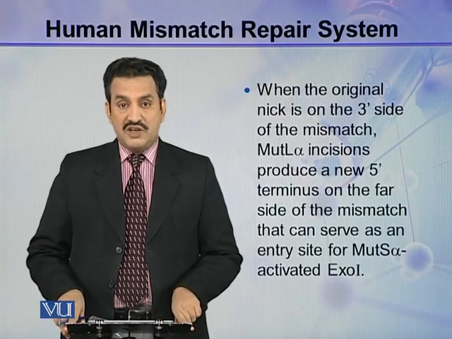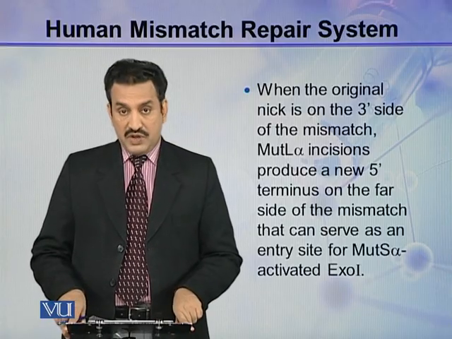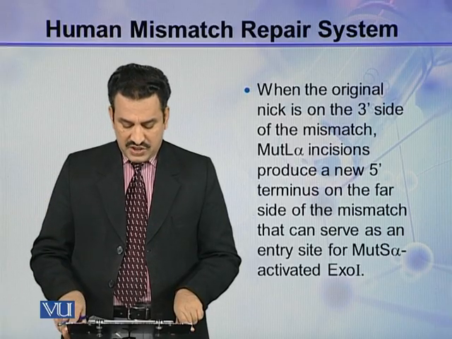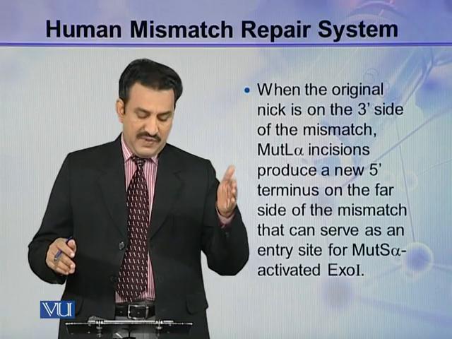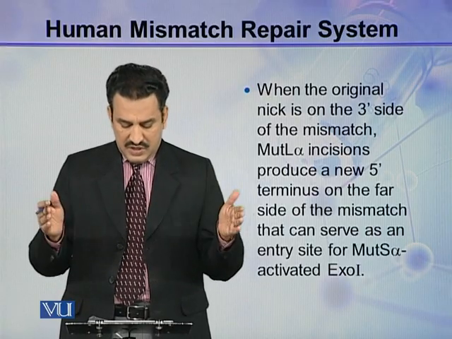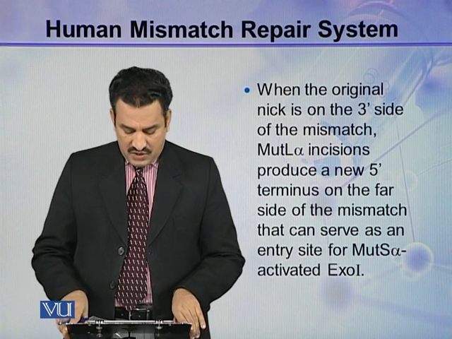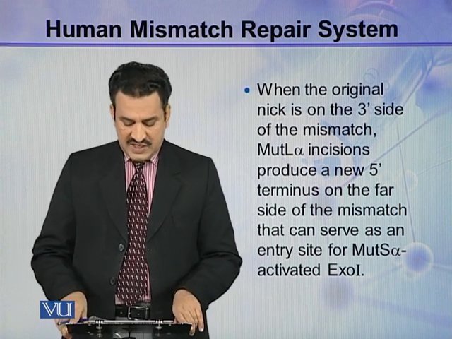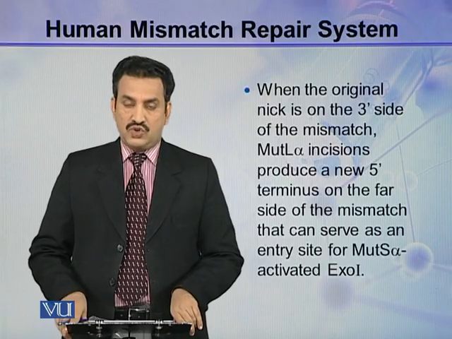When the original nick is on the 3' side of the mismatch, MutL alpha incision produces a new 5' terminus on the far side of the mismatch that can serve as an entry site for MutS alpha activated Exo1.